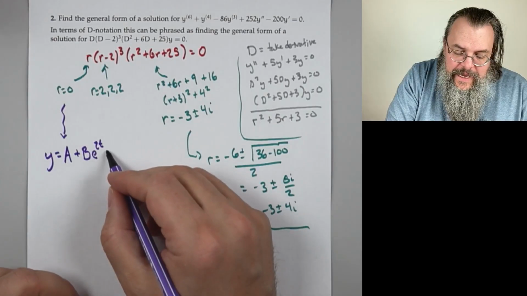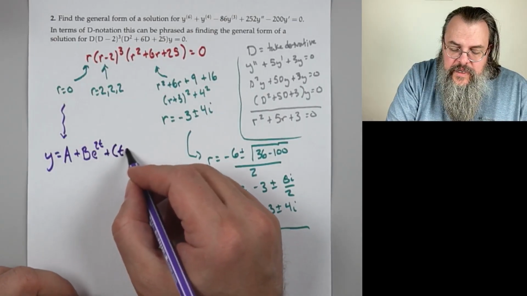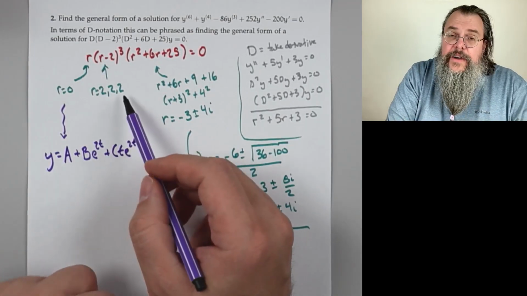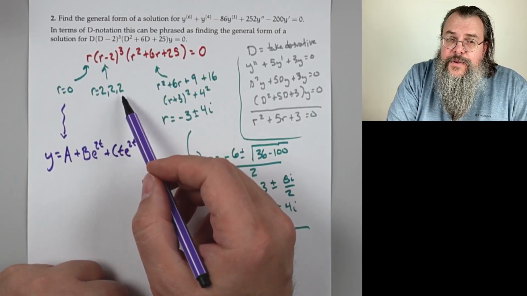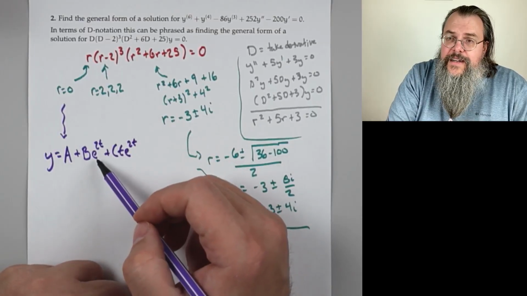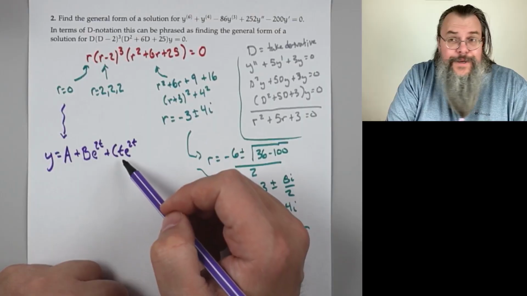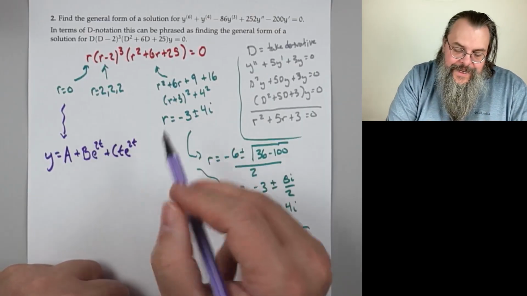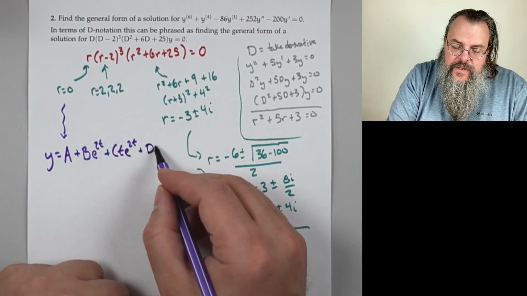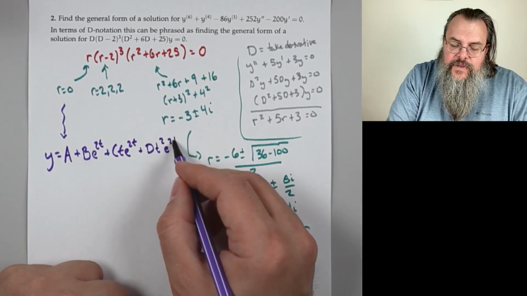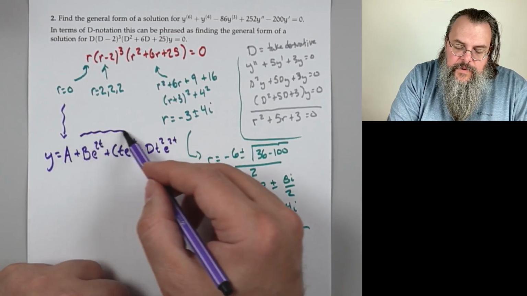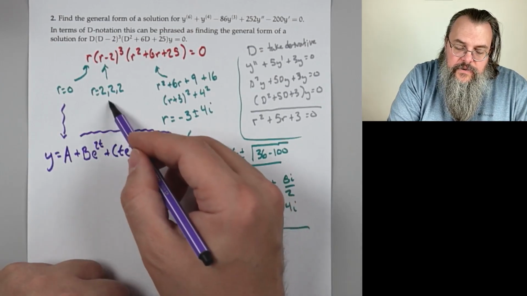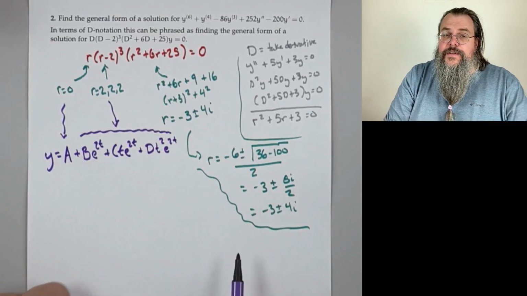All right, so we add c t e to the 2t. Now I go to my third root of 2. Again, e to the 2t, but I've already used that. Bump, well, I've already used that, so bump again. And we'll get a constant times t squared e to the 2t. So this part right here comes from our repeated roots.